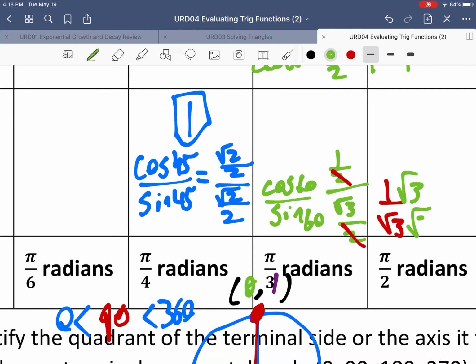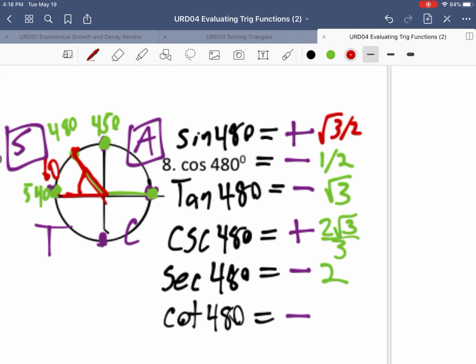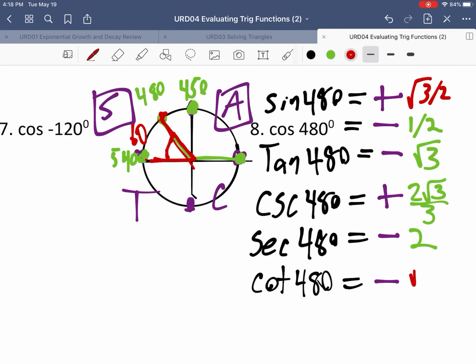I get 1 over radical 3, and by rationalizing the denominator, we're going to get radical 3 over 3. And that's how you can find the exact value of any angle, as long as its reference angle is 30, 45, or 60. All right.